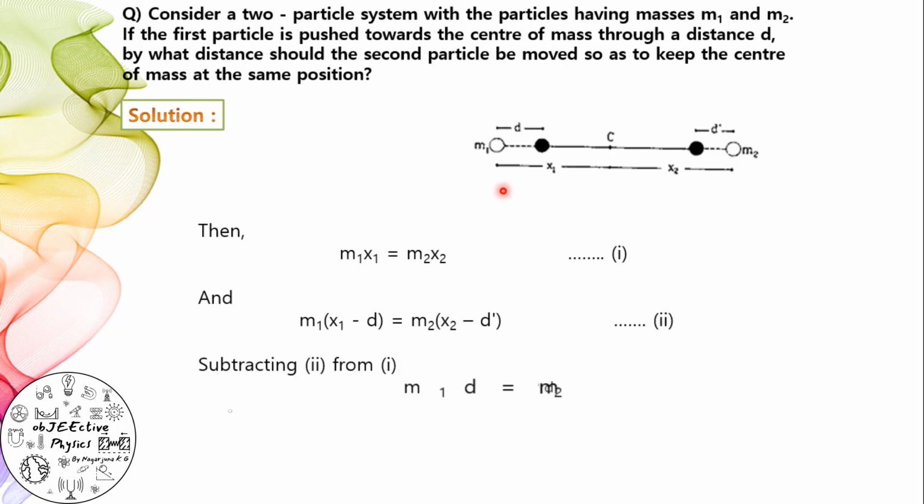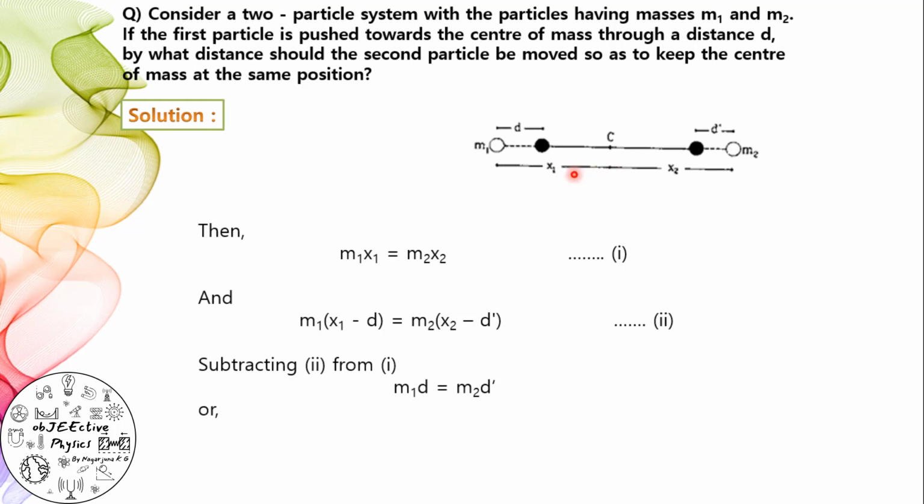In the diagram, there are two empty circles at the ends and two filled circles as well. Let us first assume that the empty circles indicate the original positions of m1 and m2, and C is the center of mass of the two-particle system m1 m2. x1 is the distance of m1 from the center of mass, x2 is the distance of m2 from the center of mass.